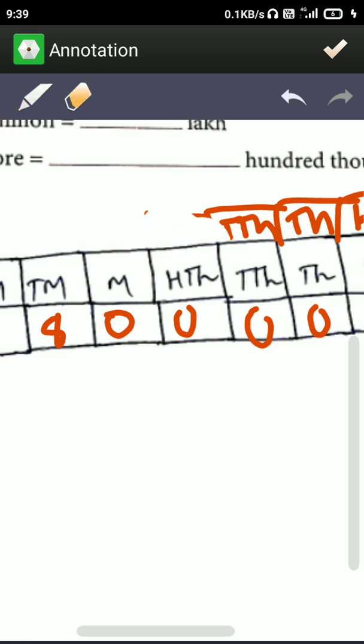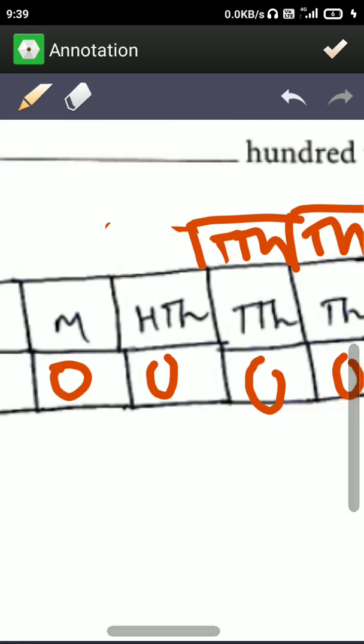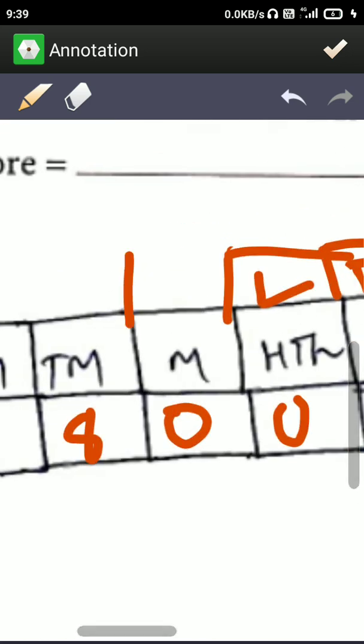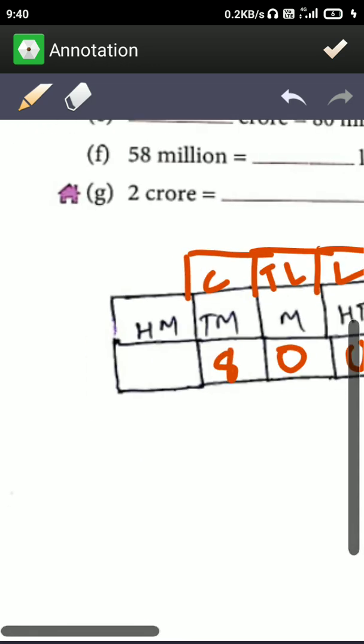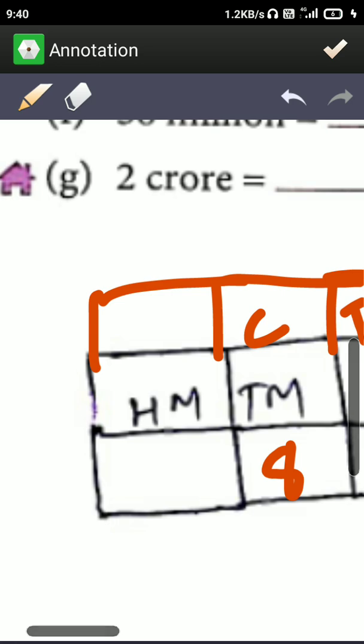Then 10 lakh, then crore, then 10 crore.